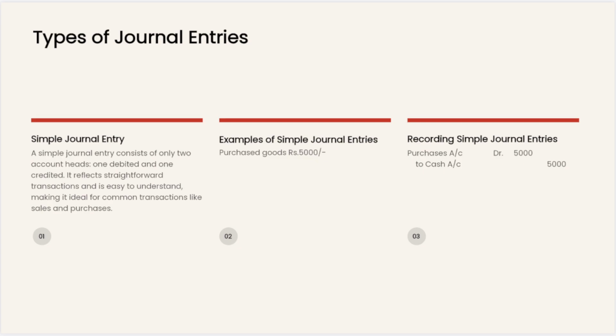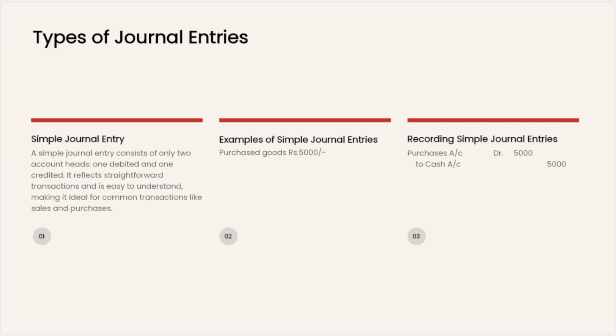In these transactions we apply the golden rules of accounts or the modern accounting equation and we write the entry. The example given here: purchased goods worth 5,000.